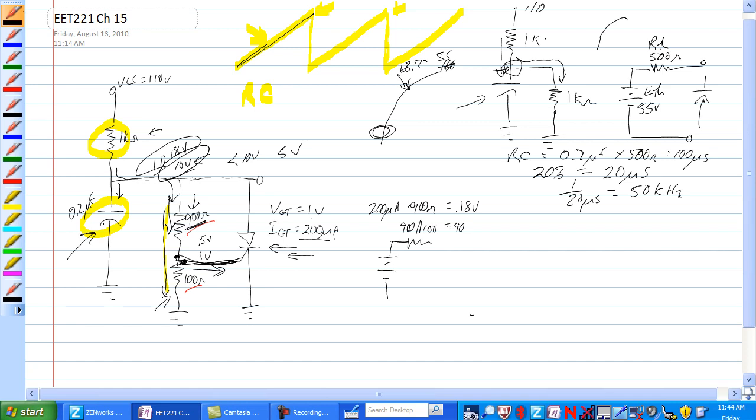That's equal to 90 ohms, and this has to get to 1 volt, plus whatever this voltage is here at 200 microamps.